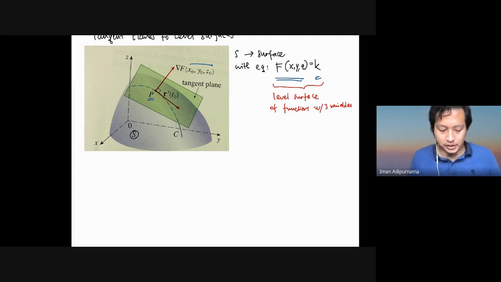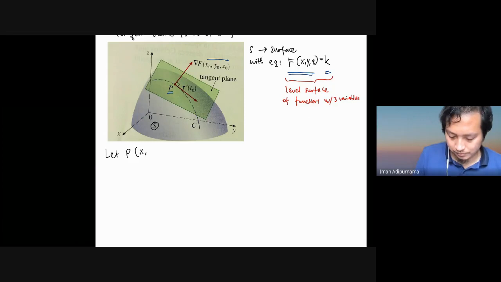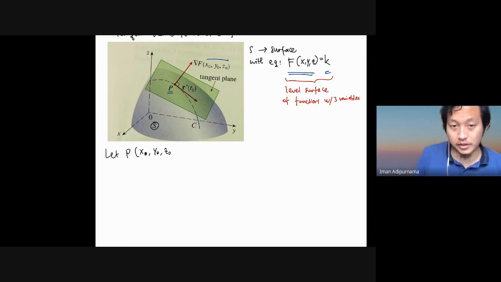With the parametric equation and so on. And let me write here: let the point P have some specific coordinates x0, y0, and z0 on surface S.